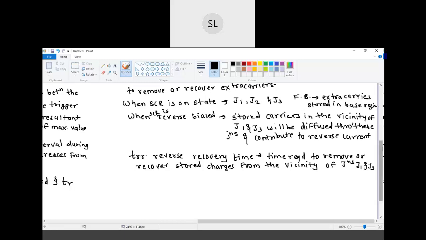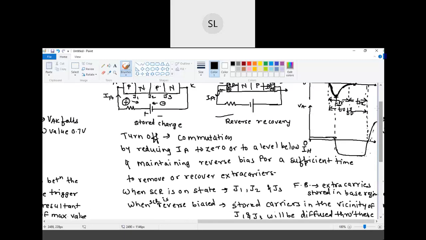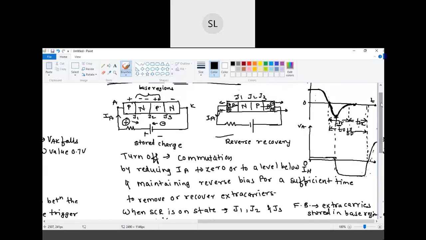If you see here how this time period has been measured, it has been measured from the instant when the anode current reduces to zero. So this TRR is measured between the instant when the forward current, or anode current, reduces to zero and the instant when the reverse current reduces to its leakage value.